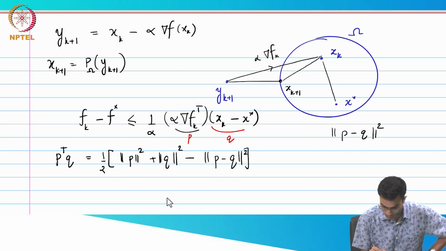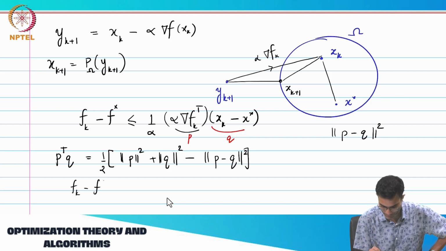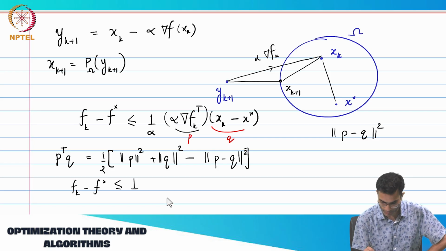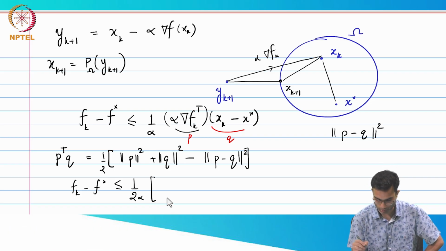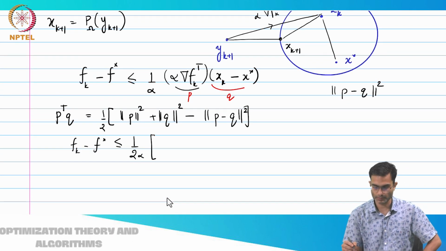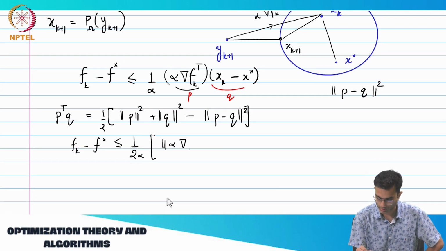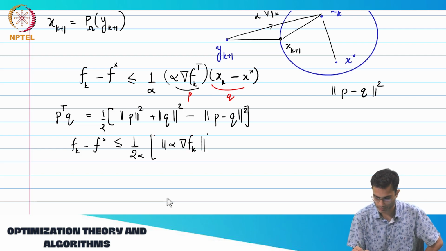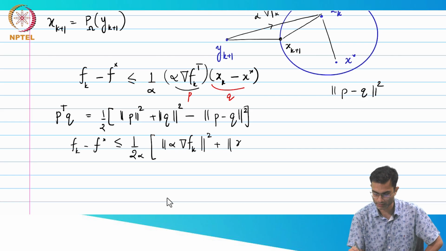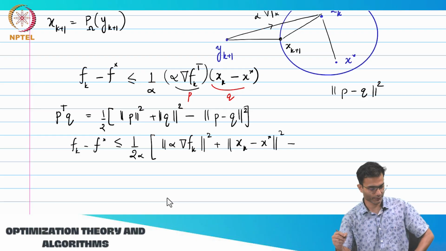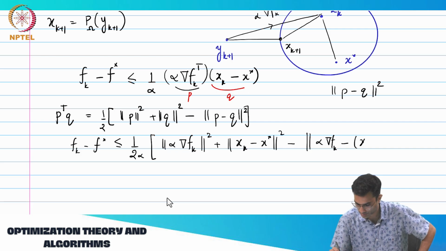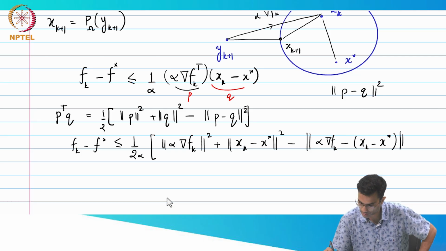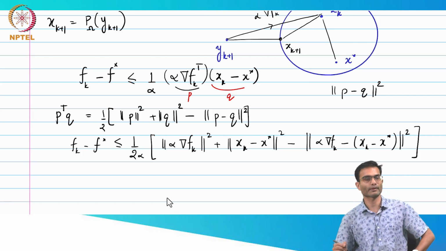So fk minus f star is less than or equal to 1 by 2 alpha times: first term alpha grad fk squared, next term xk minus x star squared, and then the difference of these, alpha grad fk minus xk minus x star squared.